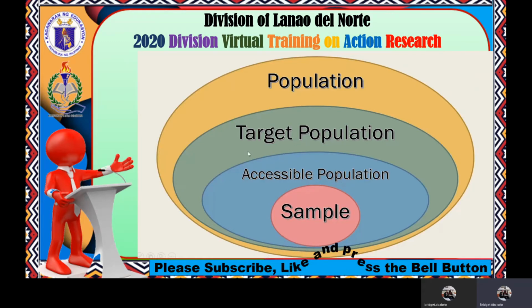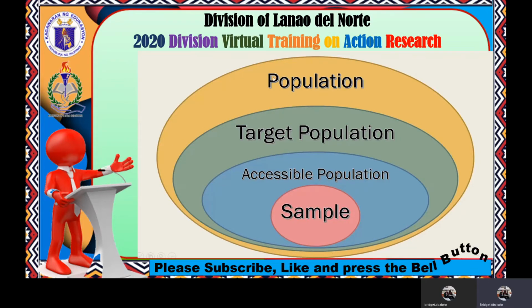So population is a very large group of individuals that is the main focus of the research. While target population is the entire group of individuals you can apply your action research to solve problems.